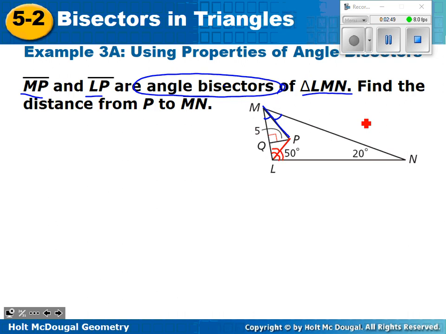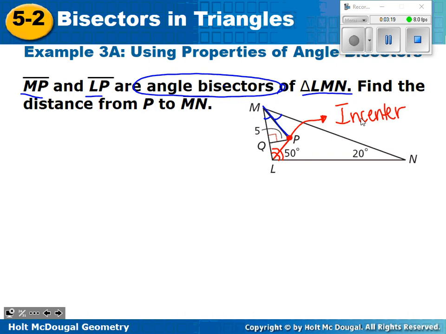If these two angle bisectors meet here at point P, what did we call point P? Careful, that's perpendicular bisectors. Incenter. So angle bisectors goes with incenter. And the incenter theorem we just reviewed is that the incenter is equidistant to the sides.